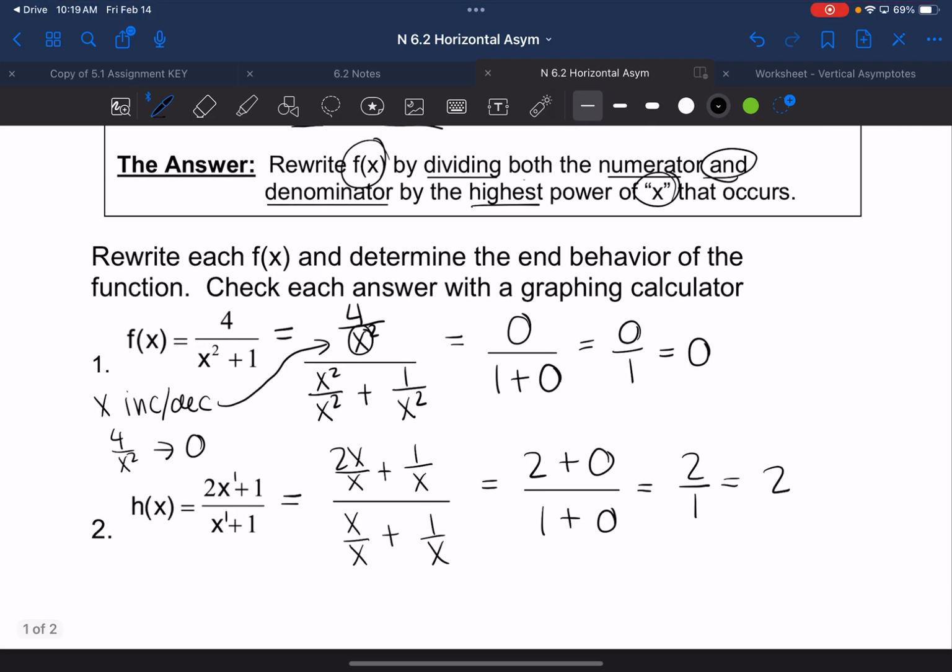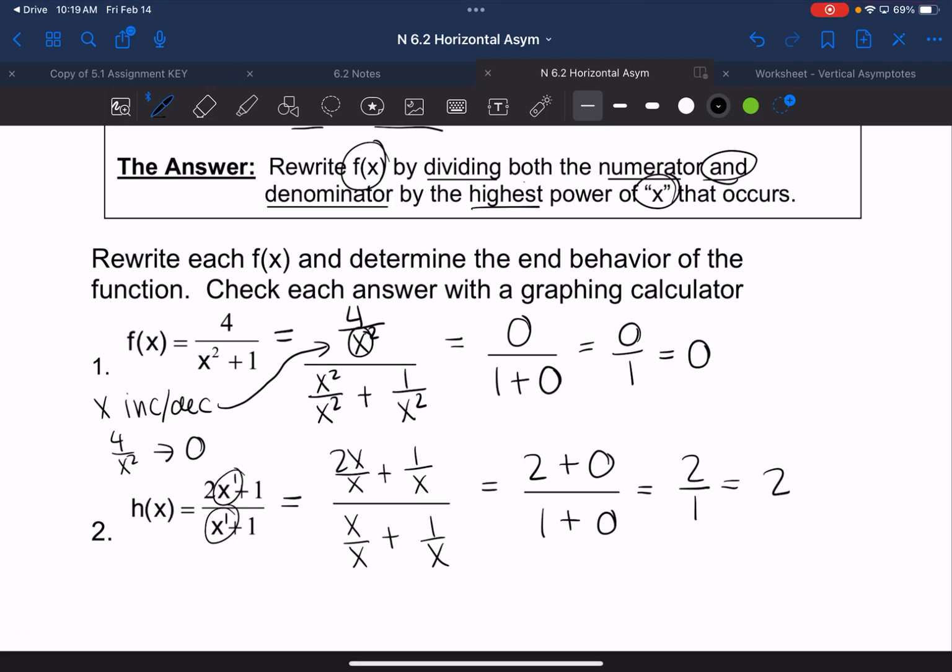Then look at number 2. The top and the bottom were the same exponent. But here, it was bigger in the bottom than it was in the top, right? Okay, so the top was less than the bottom. In this scenario, what did we end up saying our horizontal asymptote would be?